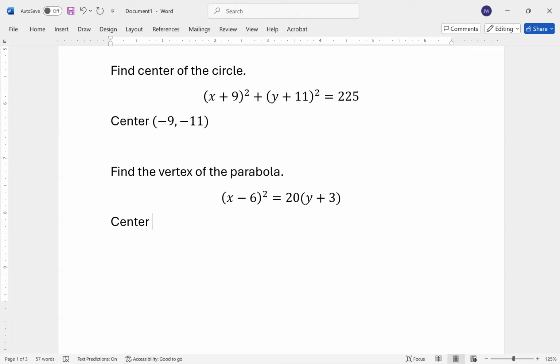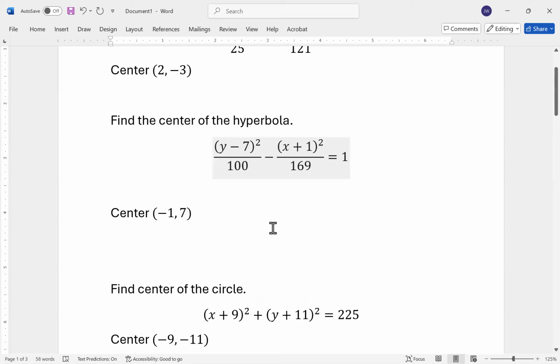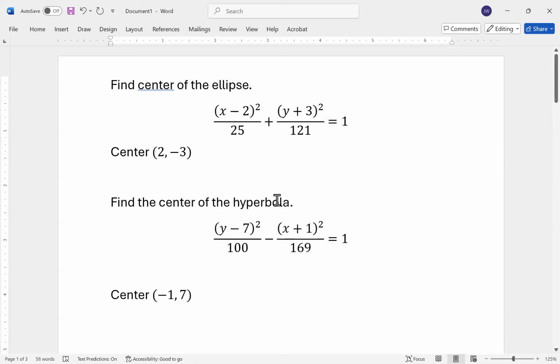If I want to find the vertex of this parabola, it's going to be at the point with x value 6, y value negative 3. So that's the point 6, comma, negative 3. So now we've found the center of the circle and the vertex of the parabola. And obviously earlier we found the center of the hyperbola and the center of this ellipse.